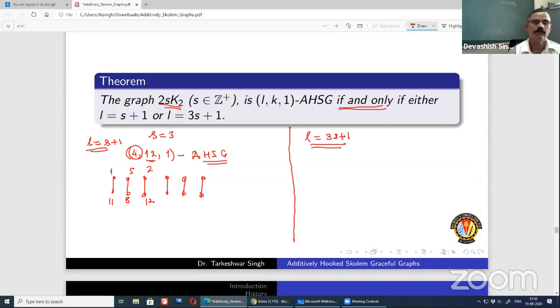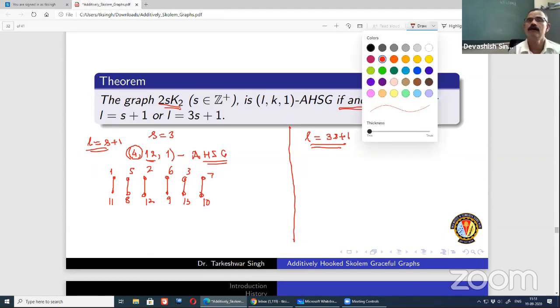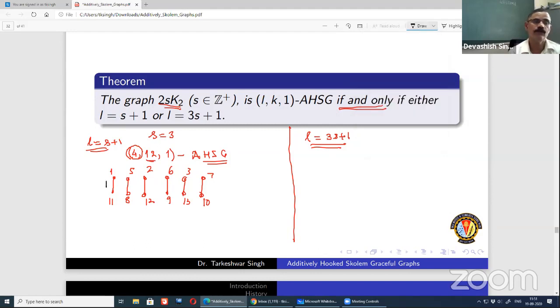Then this is 12. Then we have 6 and 9. Then 3 and 13. And 7 and 10. Now if you see the edge labels here, starting from 12, some 8, then 13, then 14, then 15, 16, 17. So these are all the edge labels.